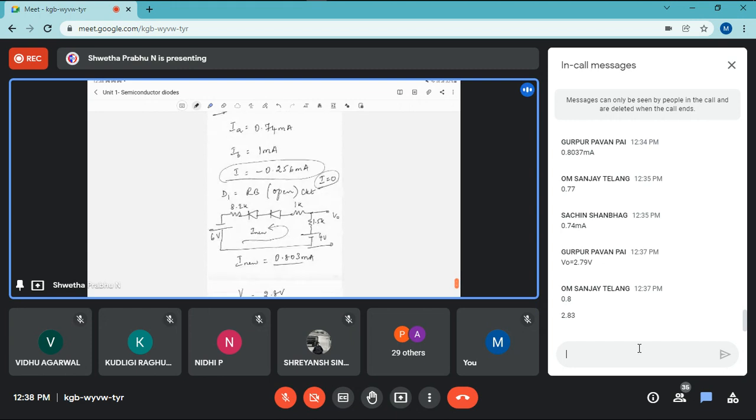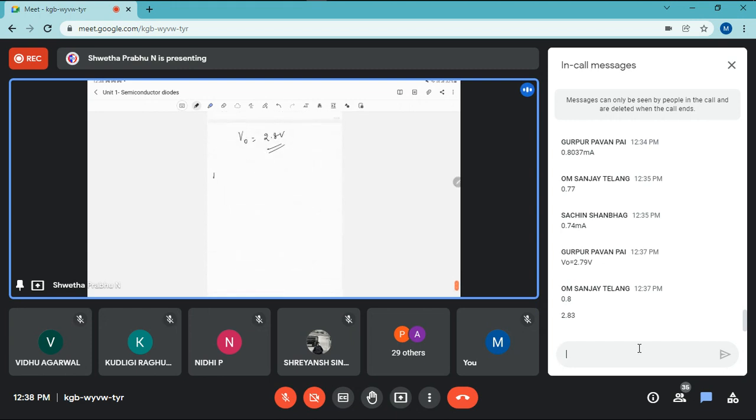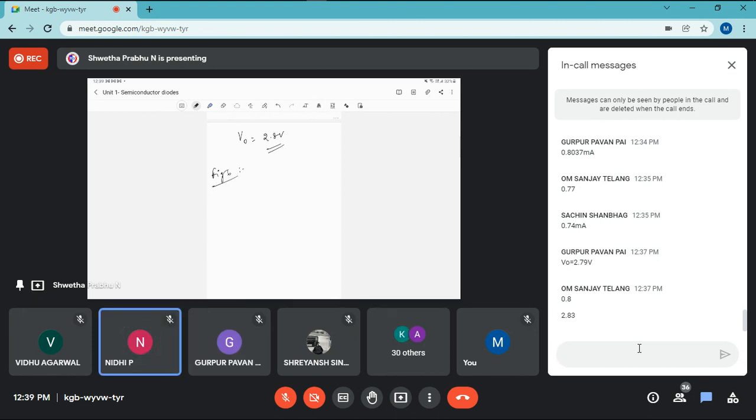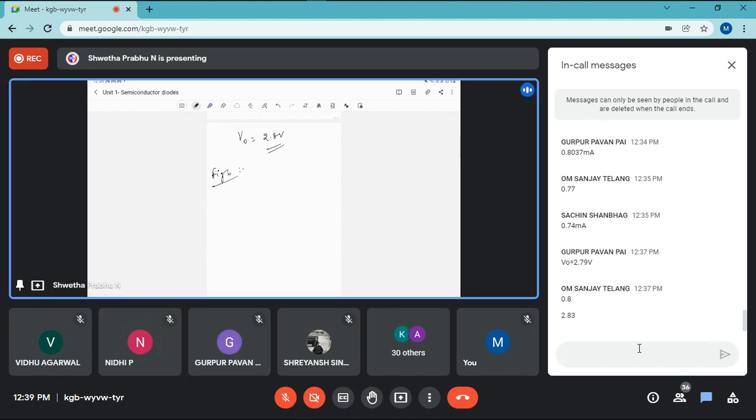Coming to figure 6. Tell me the answer. I think you have got a resistor in between along with the diode. So it is minus 3K into IA minus IB you have to do.